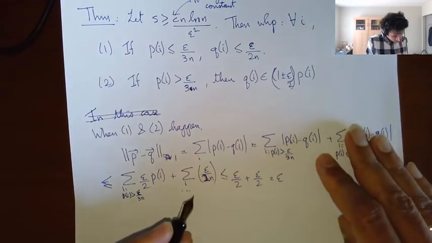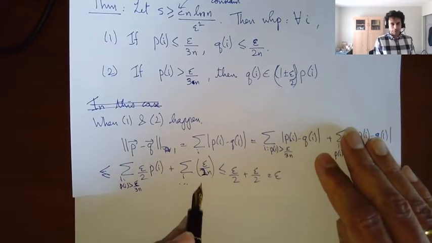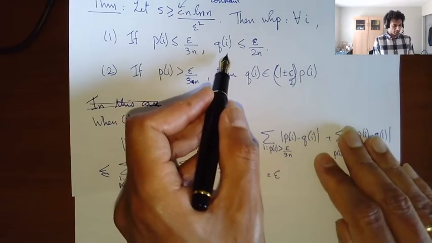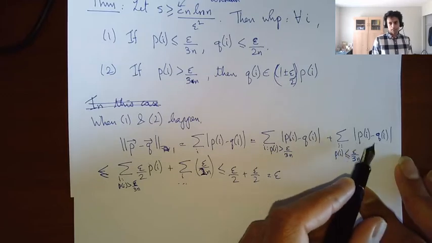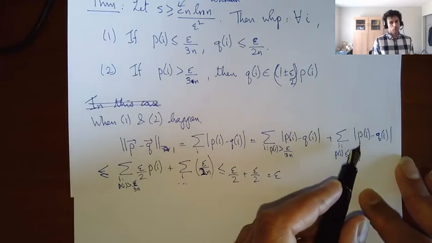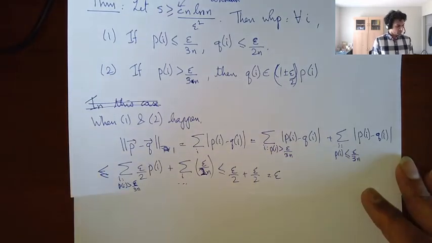I may have fudged up the constant. It should be epsilon over 2n, because I'm bounding by Q of I. I cannot bound by P of I. I know that this thing is at most epsilon over 2n. Questions?